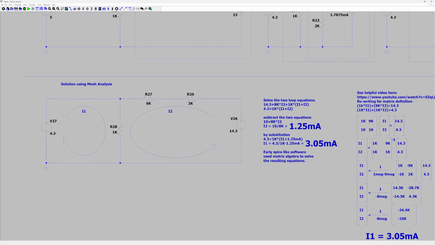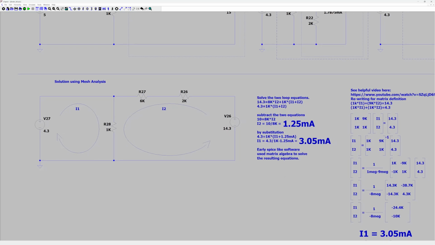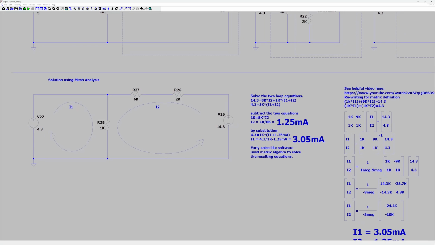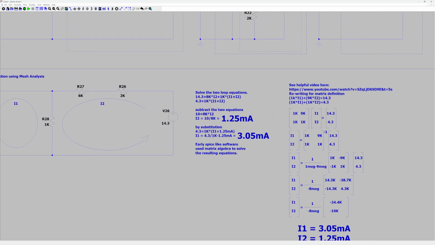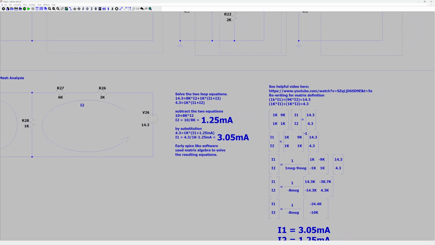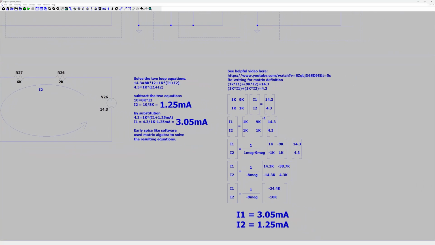As an aside, one thing I did back in the olden days when I was still in school was write my own SPICE program. And I used Fortran to do that. And in order to do this kind of work in a programming language, I used matrix algebra.